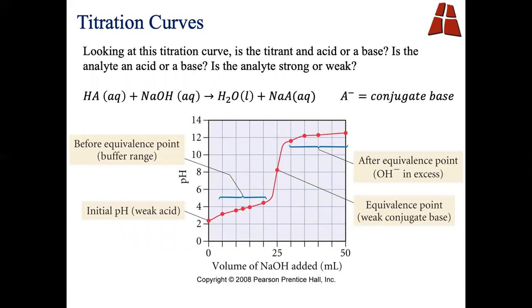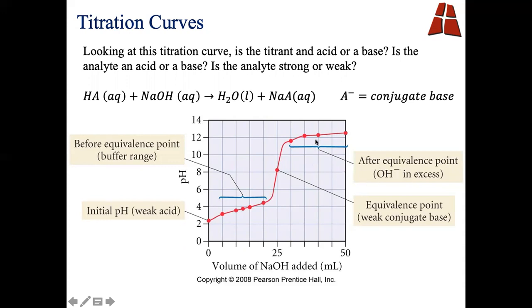And at that point, that conjugate base will react with water in order to form a basic solution, right? Once you get past the steep part of the curve, though, your pH will ultimately be determined by the excess hydroxide that you have added.